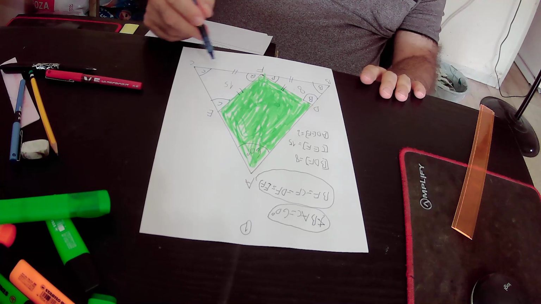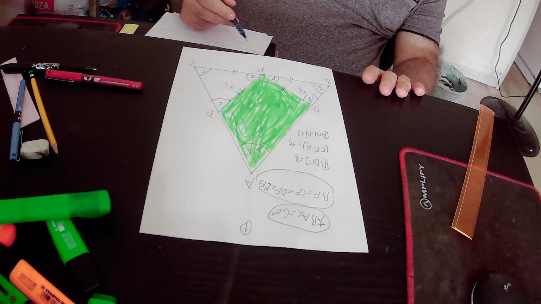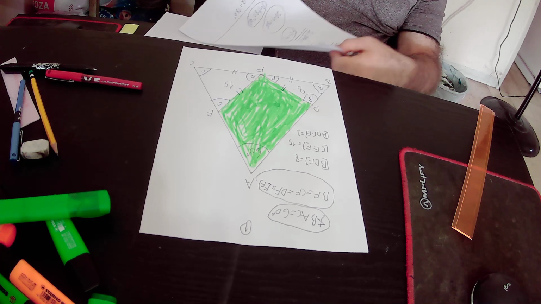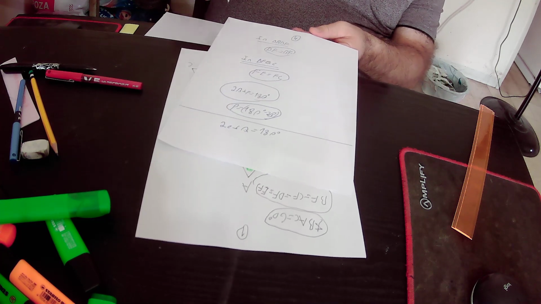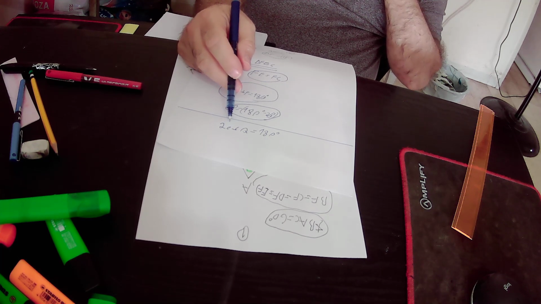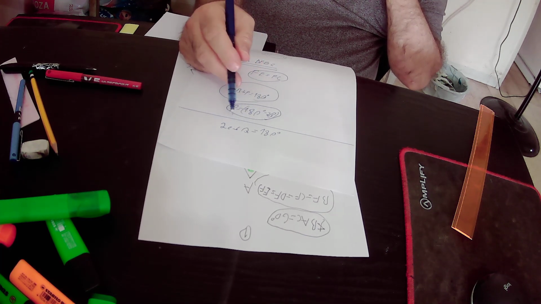So C plus C plus Q equals 180 degrees according to rule number 1, or 2C plus Q equals 180 degrees. Okay, the sum of the angles in triangle EFC equals 180 degrees. That is to say, 2C plus Q equals 180 degrees.